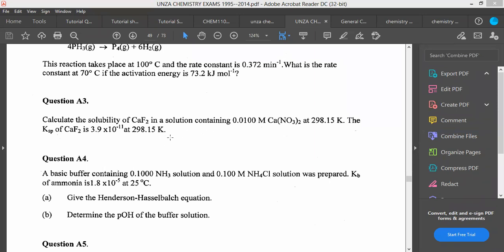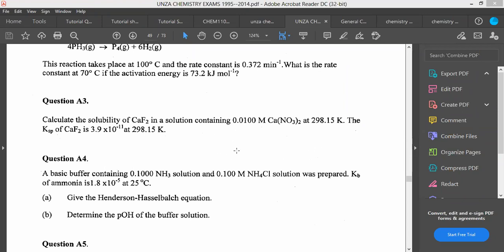After you've done that, initially you have this, but what do you have at equilibrium? The change here is going to be minus x on one side and plus x and plus 2x on the other. At equilibrium, you're going to have 0.01 plus x, and then x and 2x.